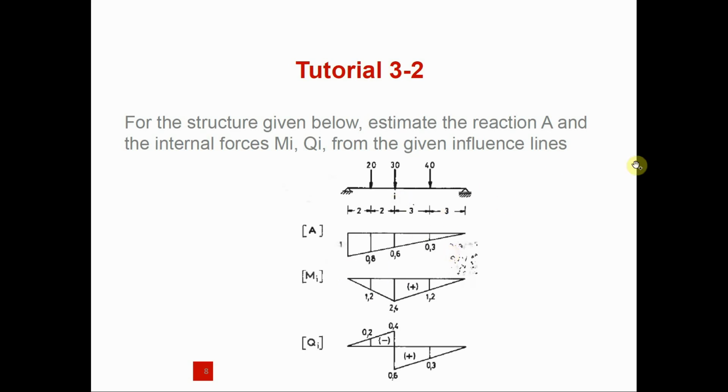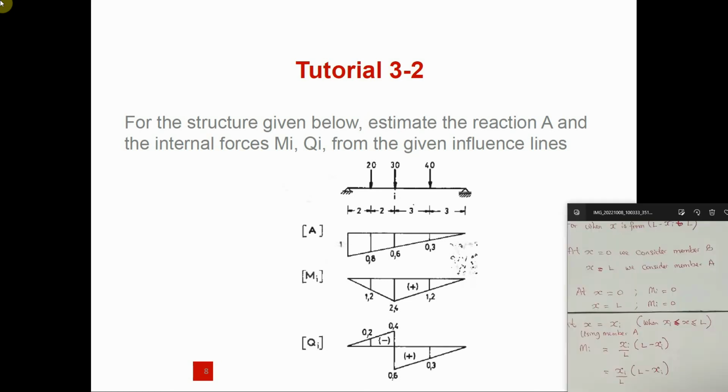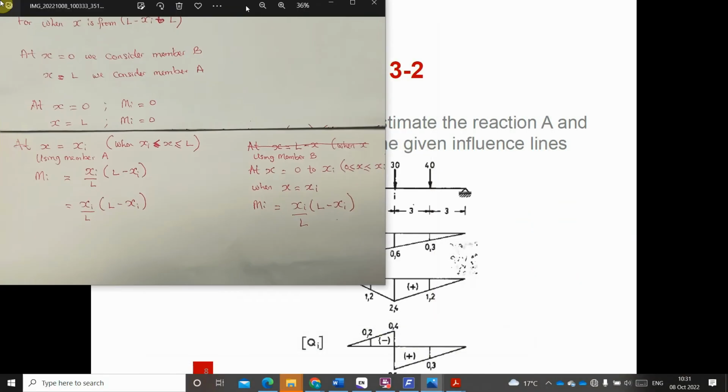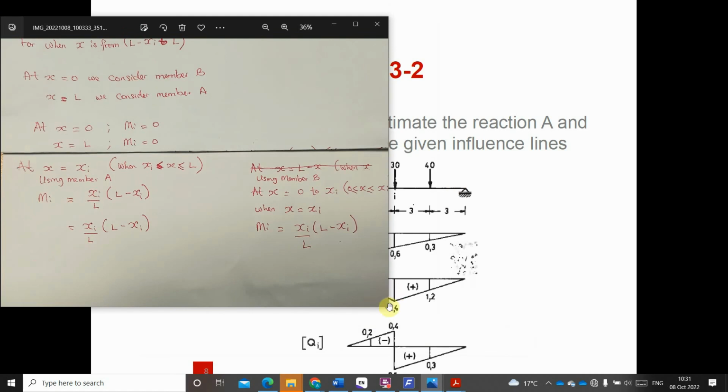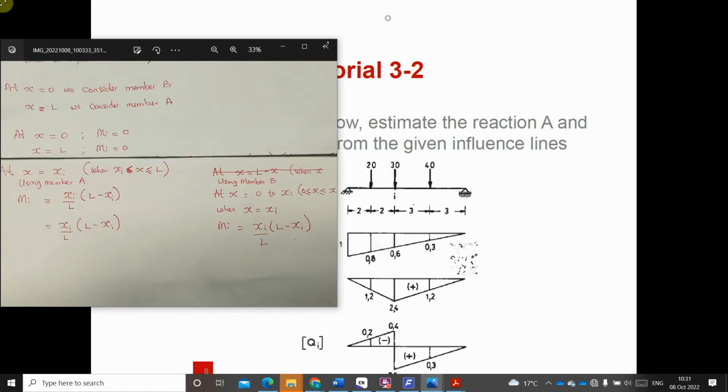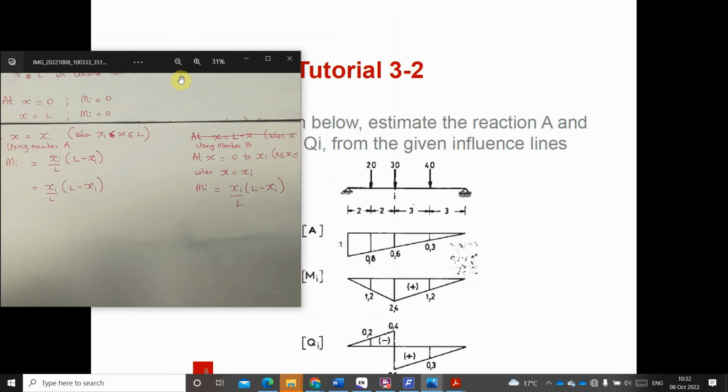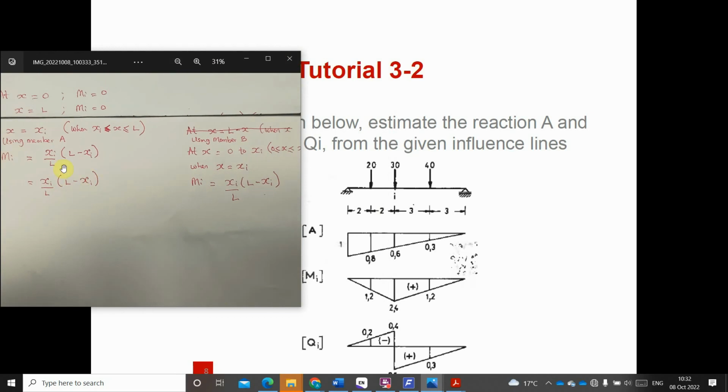If you can recall, the other time I told us that the moment at the midpoint is ξ over L into L minus ξ. Let me just bring that in. Now, how did we come about this 2.4 here? Using this equation, our ξ is from here to here, which is 4.